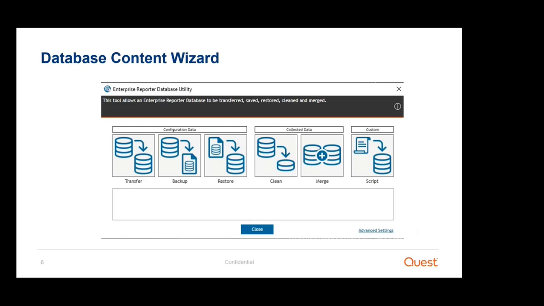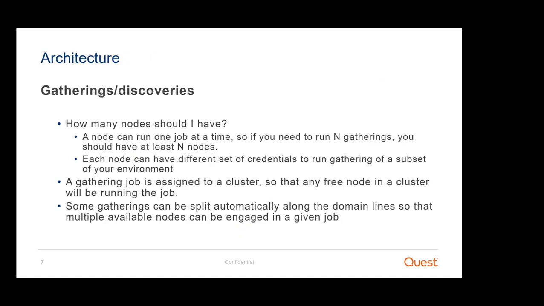In the event that you want to bring two different databases together, say you're merging domains and you want to combine the data from two different instances of Enterprise Reporter, there's a merge function ready to go. Alternatively, if you have scripts provided by our support team or home-rolled scripts that you want to run against the database, we have the ability to inject those custom scripts into the database without opening up SQL Server Manager.